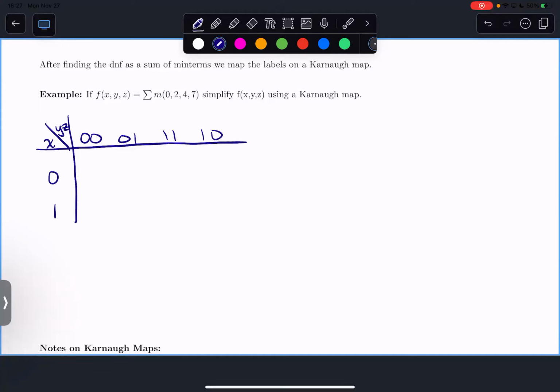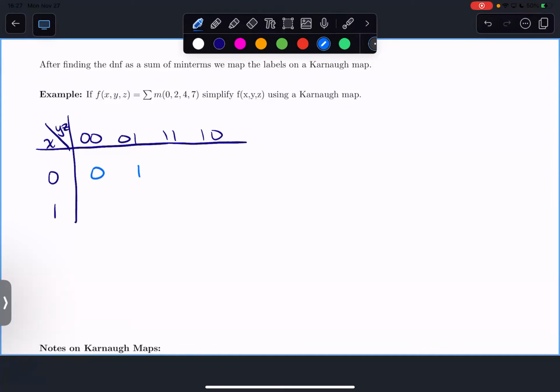Same layout. So what I'm going to do is I'm going to put the label on here now. And this is where you being so savvy with your binaries is really handy.